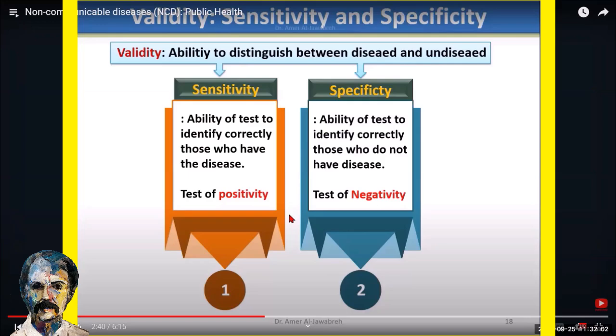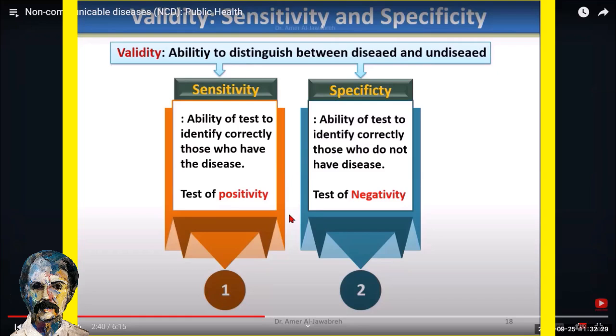This is related mainly to the outcome of the patient. At the same time, in clinical chemistry, we have another definition, which we call analytical sensitivity and analytical specificity. What do we mean by this?